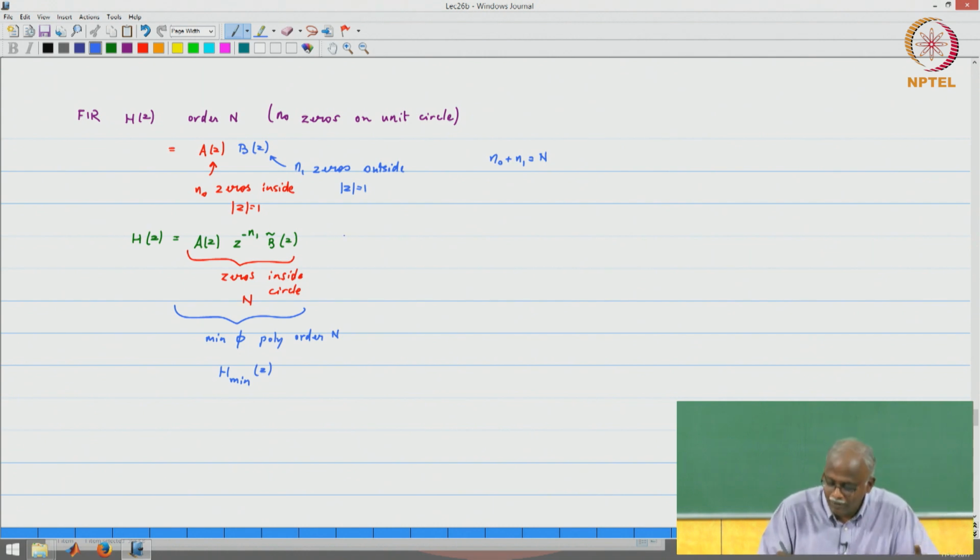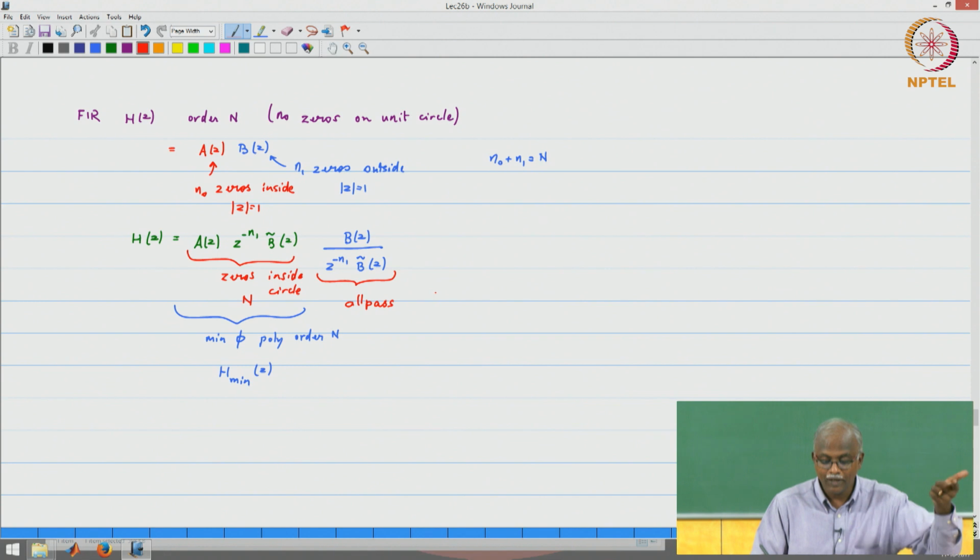So I would have to now write the remaining part, which would be B of Z divided by Z power minus n1 B tilde of Z. Correct? Now this is an all pass. Is it stable? The zeros of B of Z are outside the unit circle, so the paraconjugate will have zeros inside the unit circle.